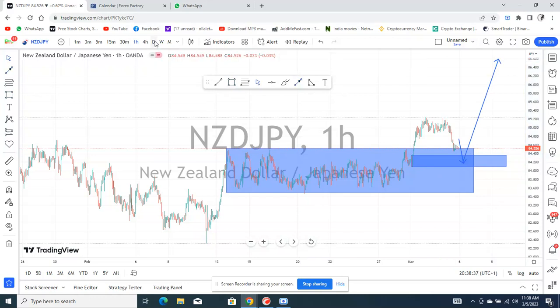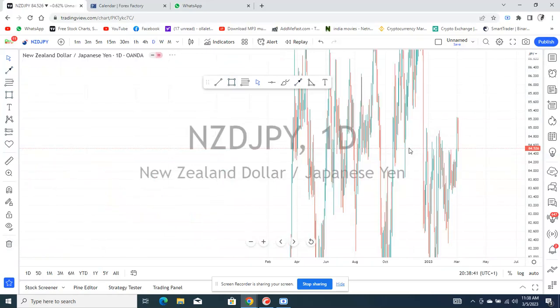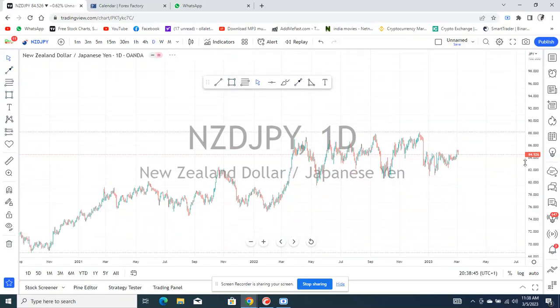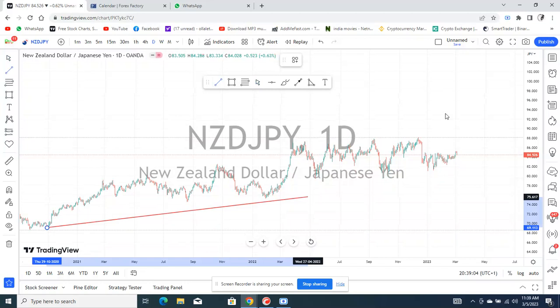But if you check on the daily time frame, let's see what you have on the daily time frame. On the daily time frame, you agree with me that the sell bias is not ready, in the way that using an appropriate trend line, I can do interpretation.